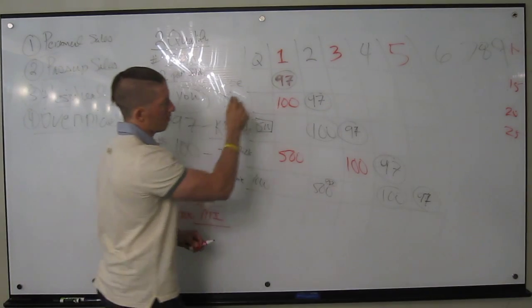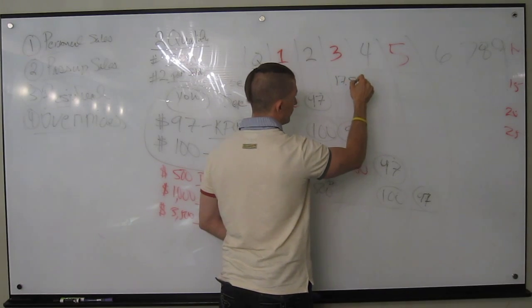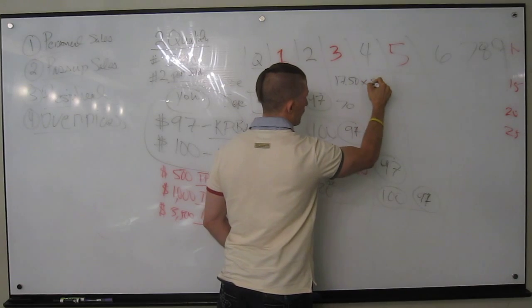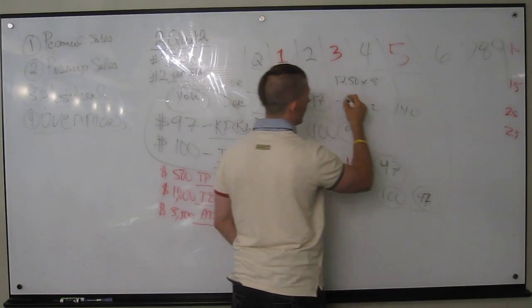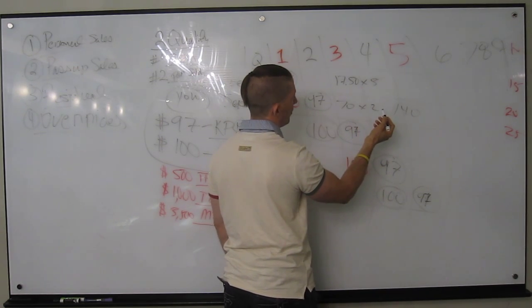So what does that amount to? These pay out at $1,750 and these pay out at $70 times 5 times 2. Well, obviously this is 140 and 1750 times 5. Can anybody help me out here?